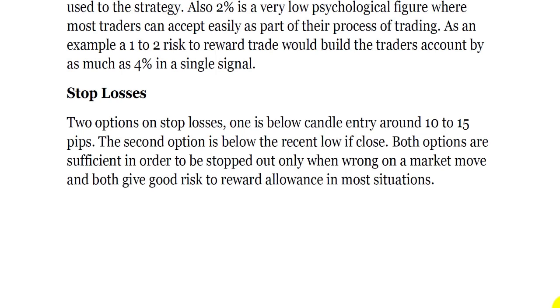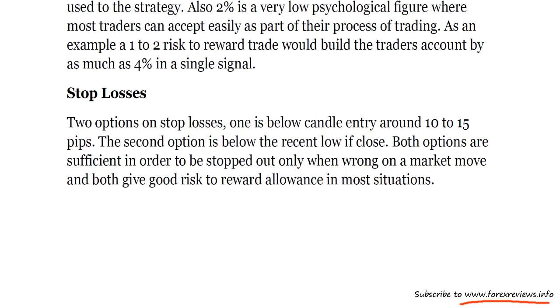There's no point in risking too much, and there's no point in risking too little. It's an in-between balance. It's a bit like that story of Goldilocks and the Three Bears. One of the porridges is too hot, one of the porridges is too cold, but one of the porridges is actually just right. Now, if you haven't read that story, you should go read it, because stop losses are not much different.